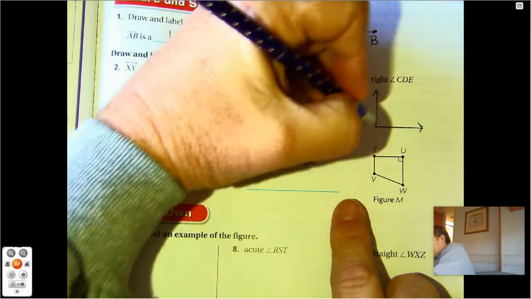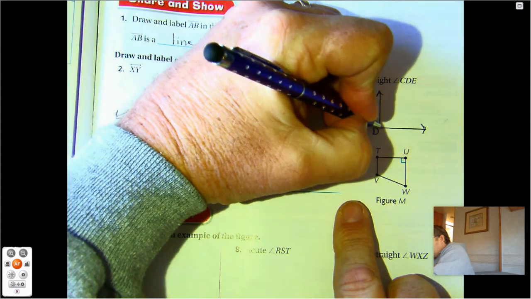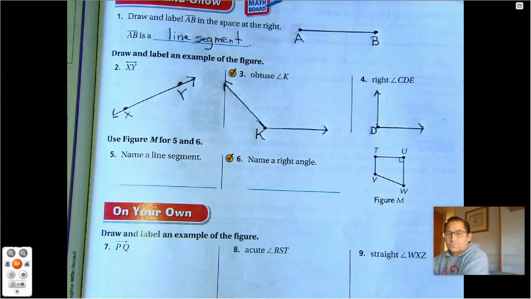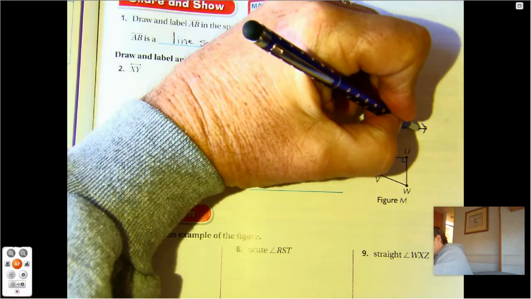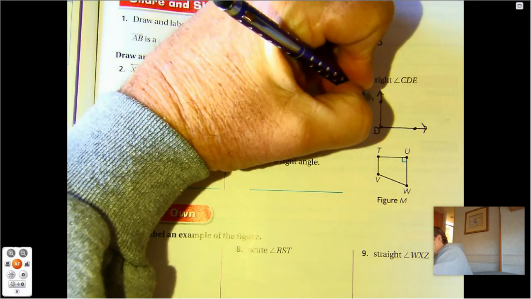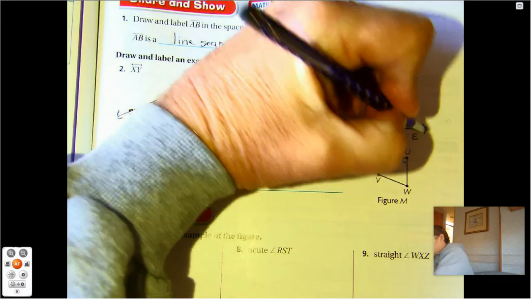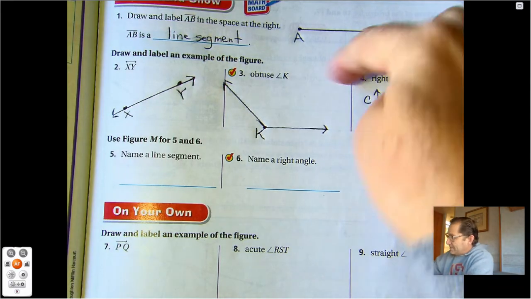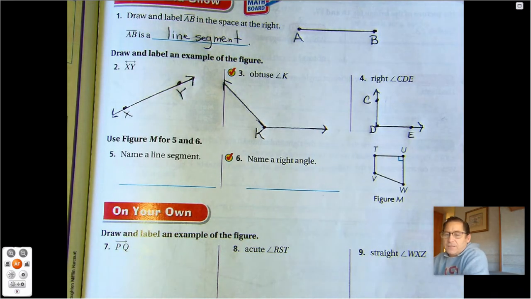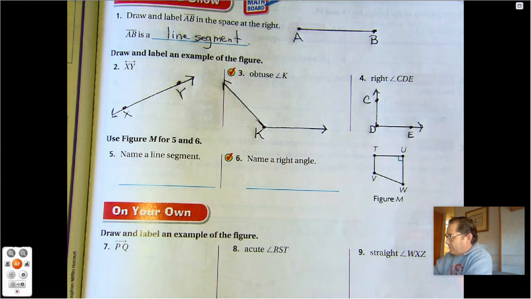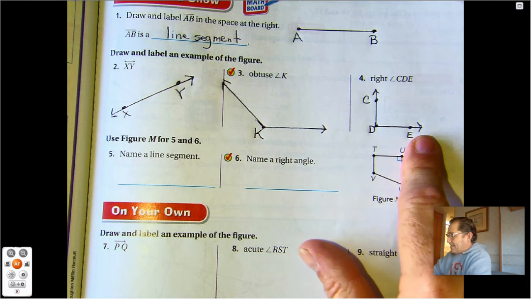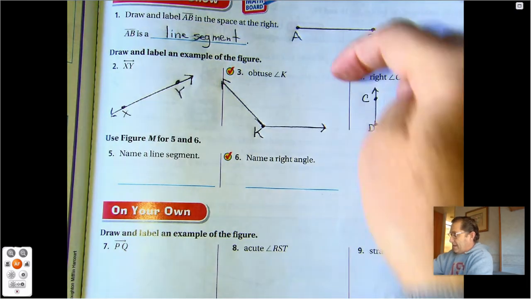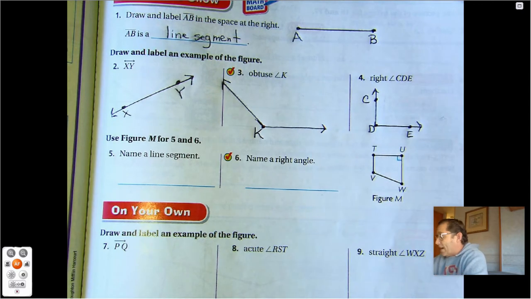So the D has to go in the middle. Where we put the C and E really doesn't matter on the right angle because that's just how we would read it. If I put the C here, I would read it still as angle CDE. So right angle CDE.